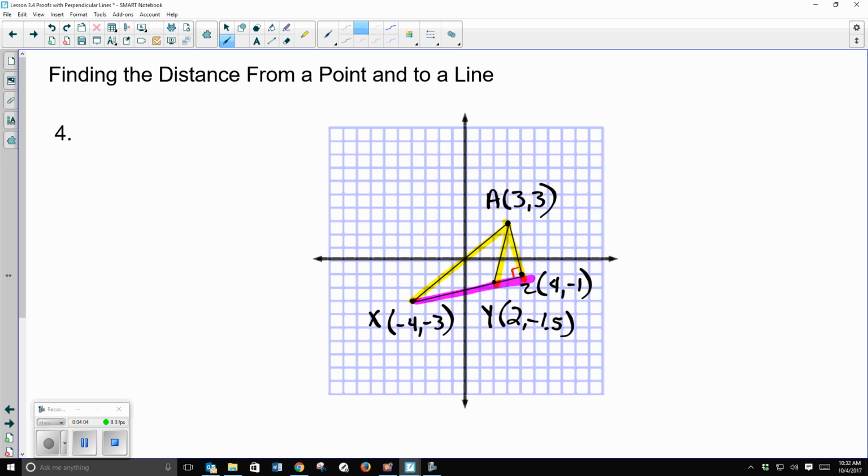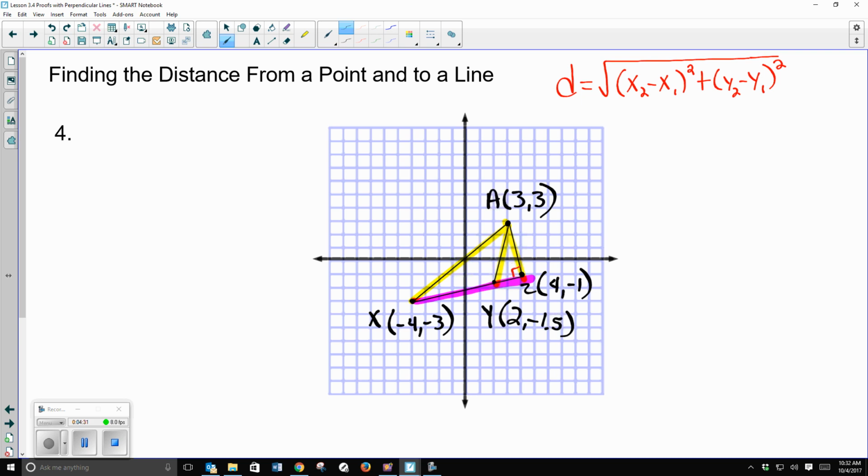So to find the distance between 2 points on a graph, remember we have the distance formula. You can use the distance formula, just make sure you use it correctly if you're going to use it, or you can use my formula, or well, it's not a formula, it's a shortcut.